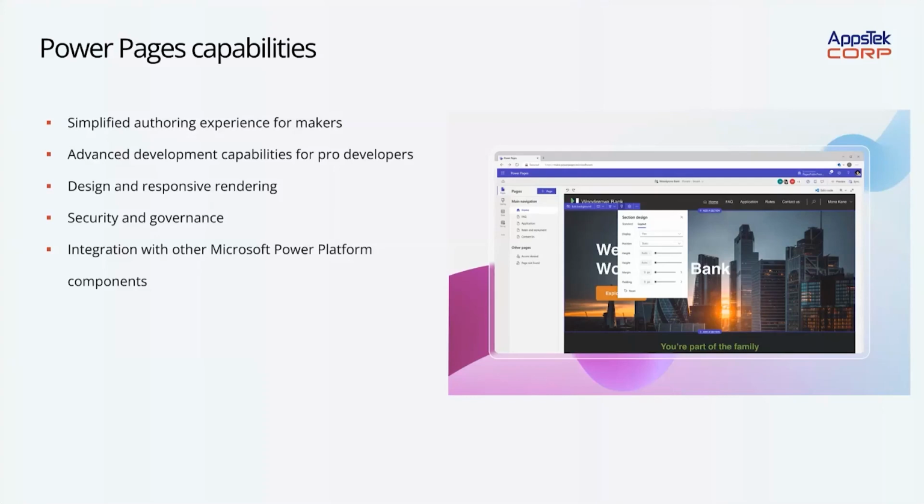Coming to design and responsive rendering, what this means is you can build powerful and engaging sites without writing a single line of code using the Power Pages Design Studio. And also Power Pages is based on Bootstrap, which natively provides support for building websites that are responsive, mobile-friendly, and available in various form factors.